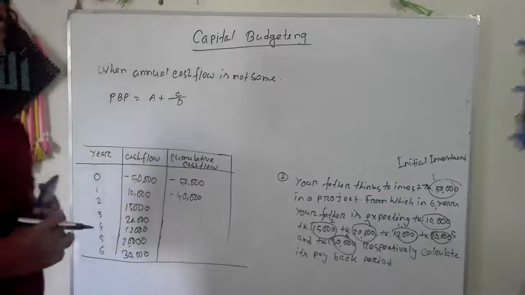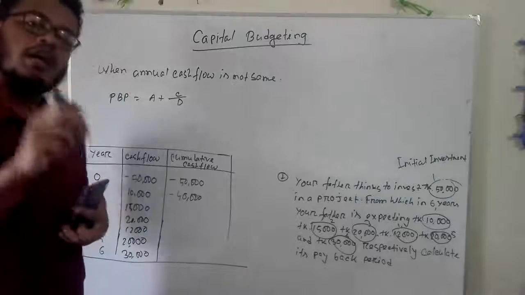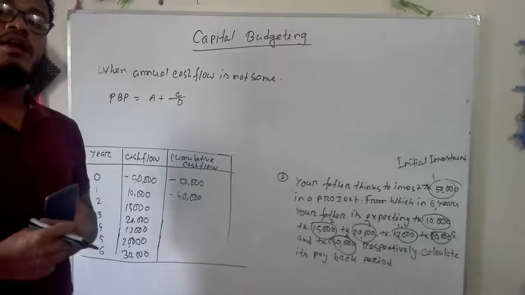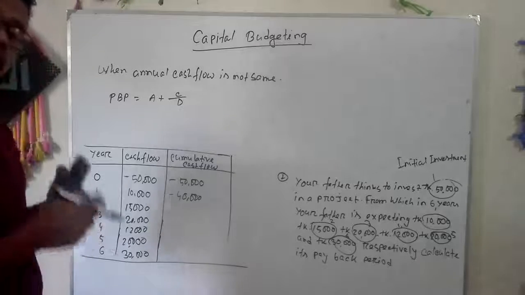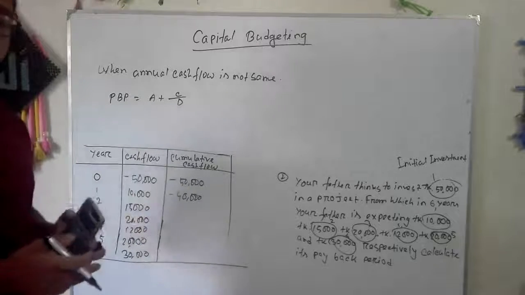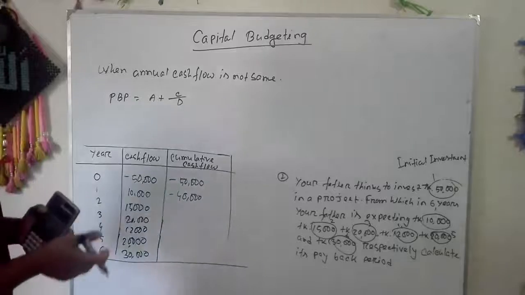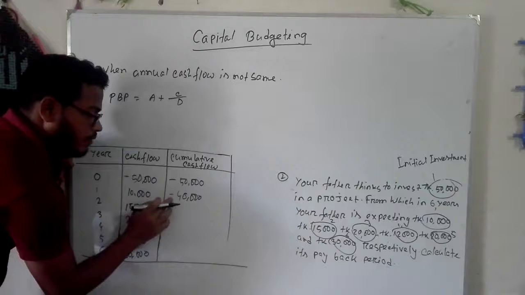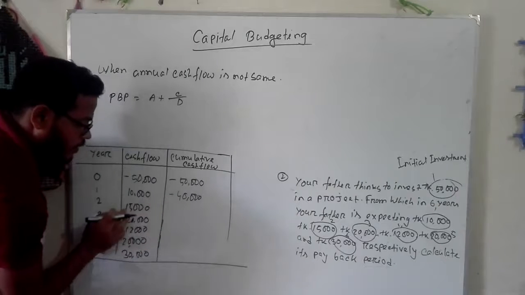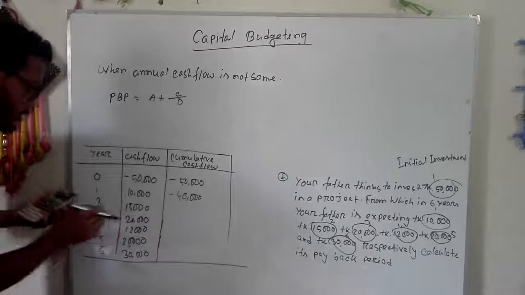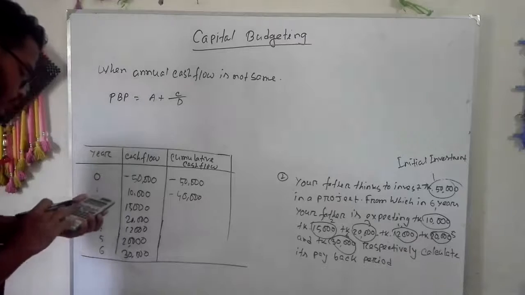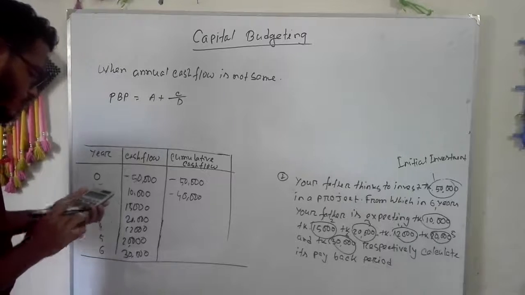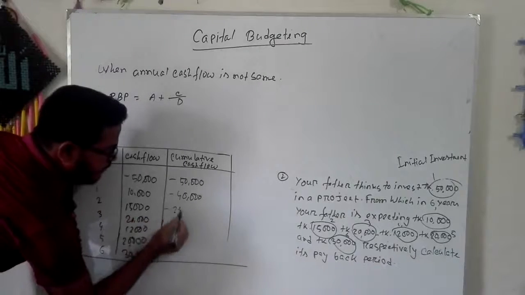When I get positive figures, then I can solve the payback period, because that is enough for calculating the payback period formula. So when I add minus 40,000 with 15,000, I get minus 25,000.